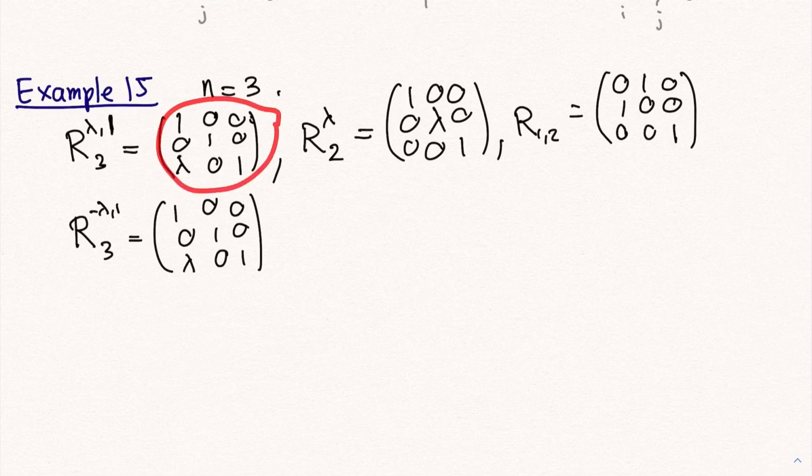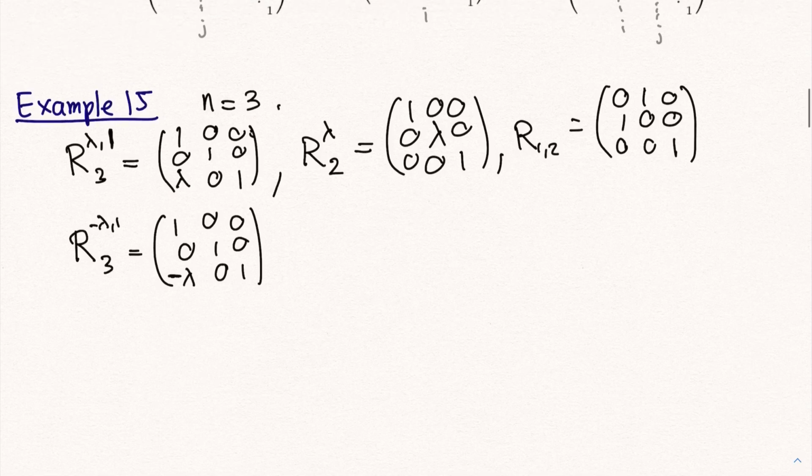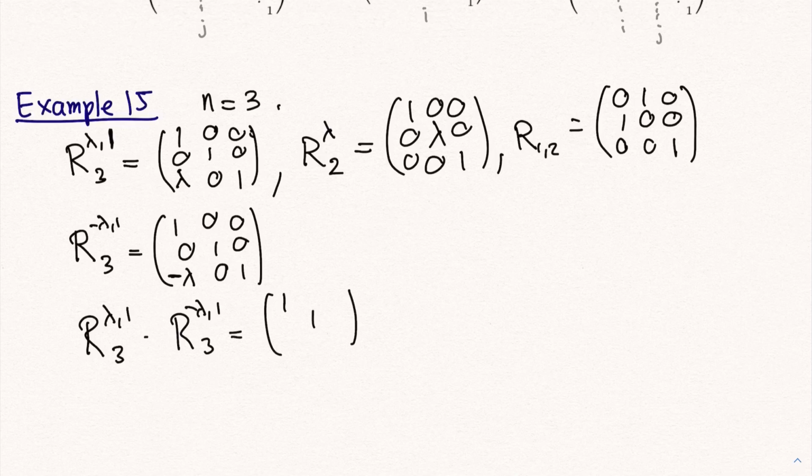If you would multiply these two matrices, then you will see that, of course, here I need to put a minus lambda here, that R lambda 1, 3 times R minus lambda 1, 3 will give exactly the identity matrix.